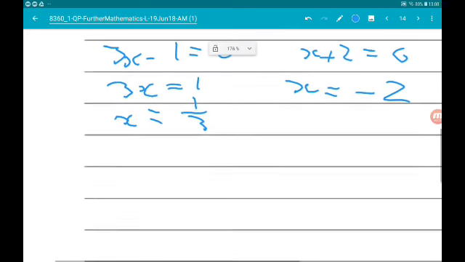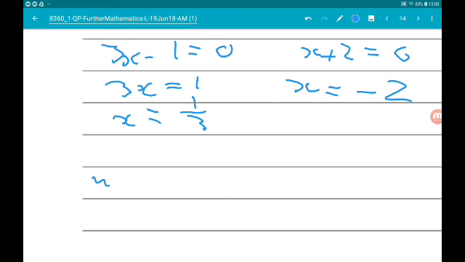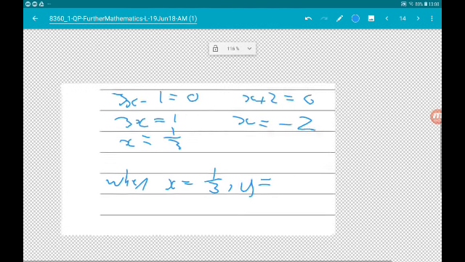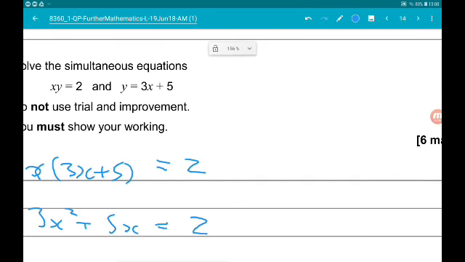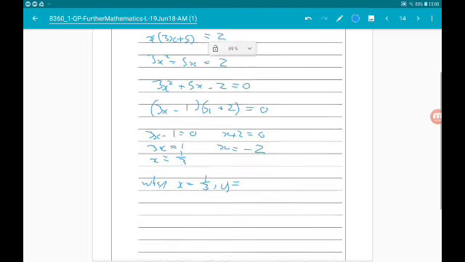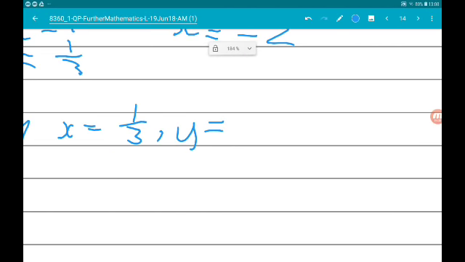So, when x is 1/3, y is going to be, well, remember that we know y is 3x add 5. So y is 3 times 1/3 add 5. Now 3 times 1/3 is just 1.